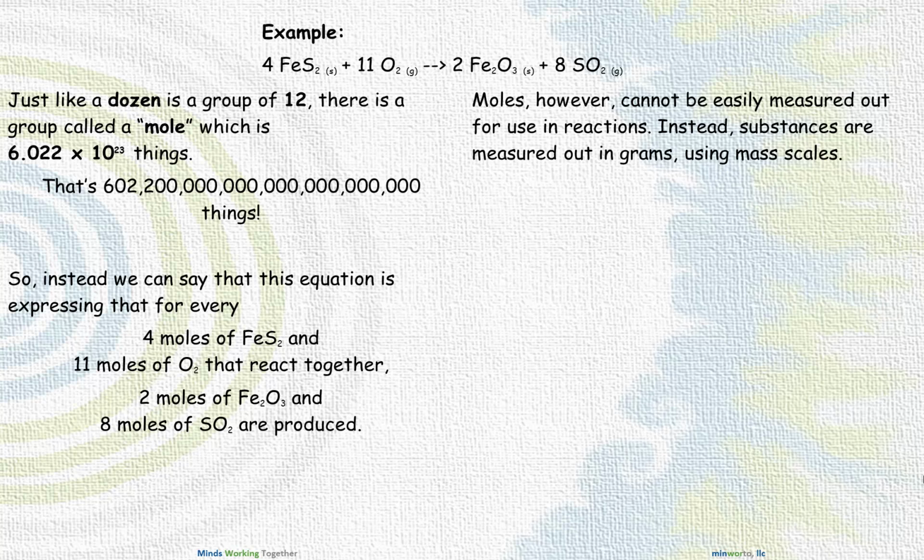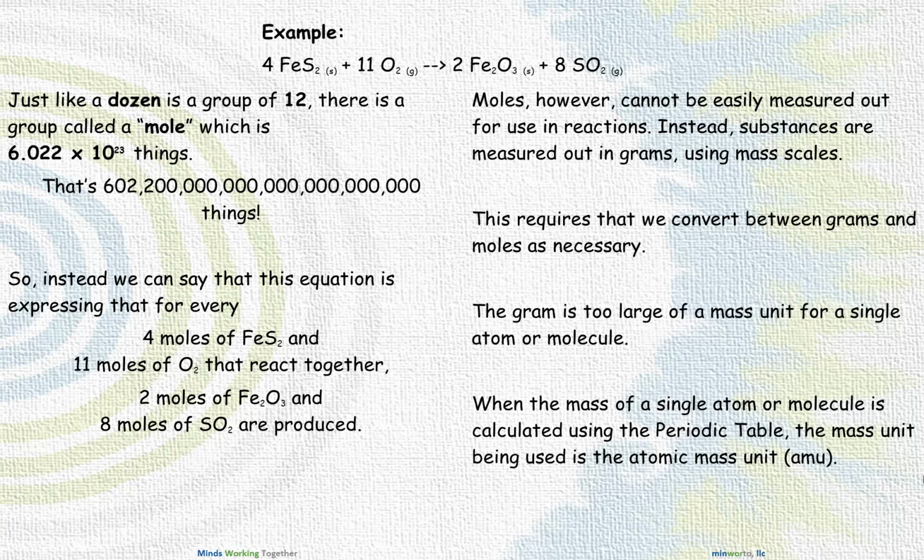Moles, however, cannot be easily measured out for use in reactions. Instead, substances are measured out in grams, using mass scales. This requires that we have a way to convert between grams and moles as necessary. The gram is too large of a mass unit for a single atom or molecule.